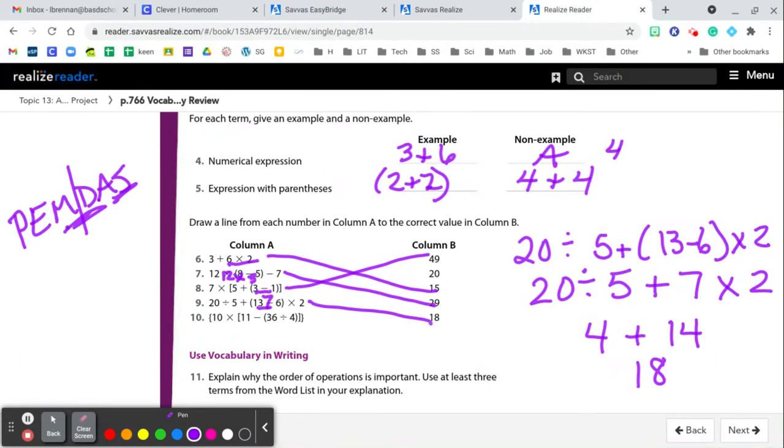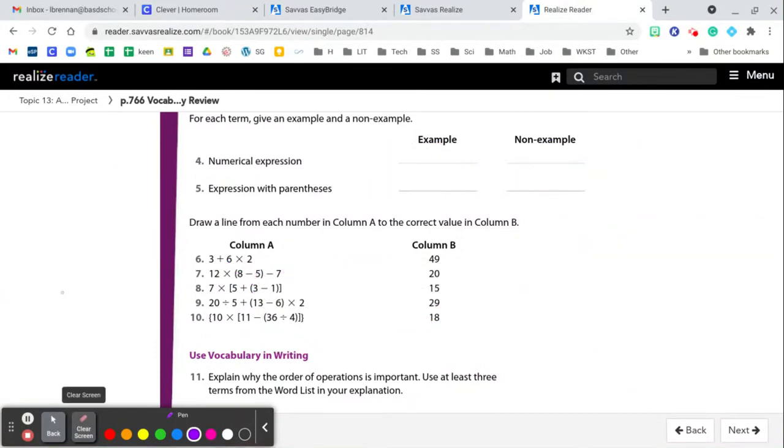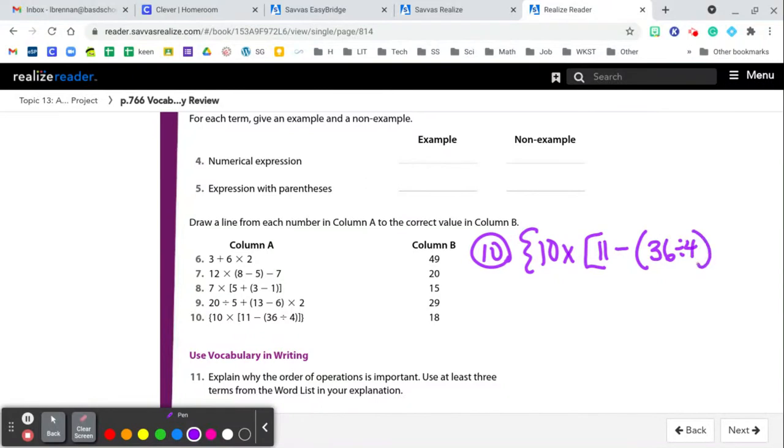And then the last one, we've got those lovely little braces. Let me rewrite that. Number 10. Open braces, 10 times bracket 11 minus 36 divided by 4, braces, or parentheses, bracket, and braces.